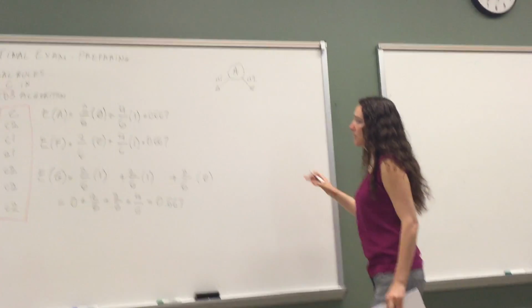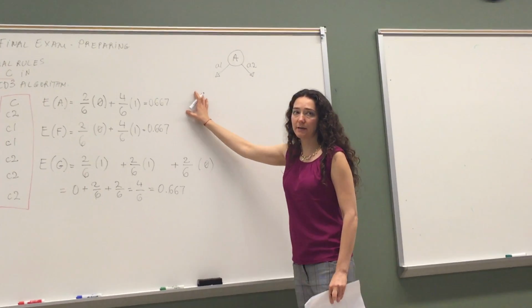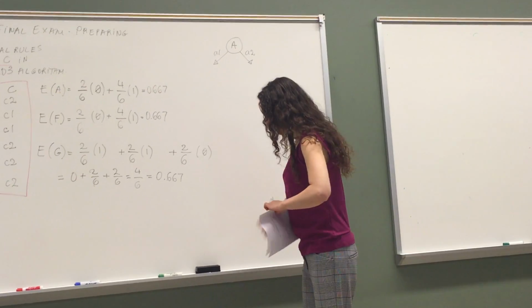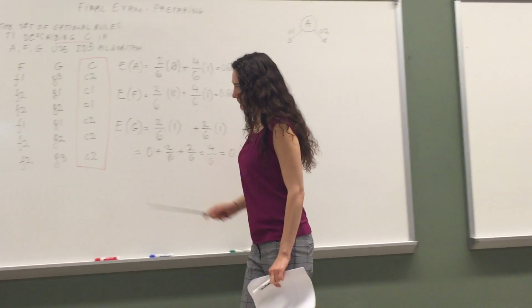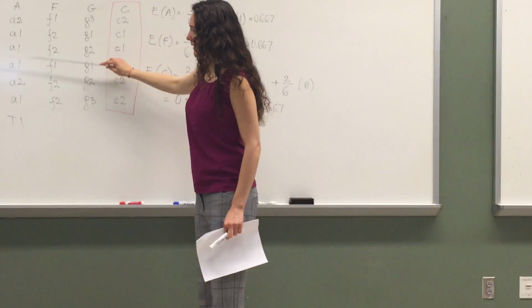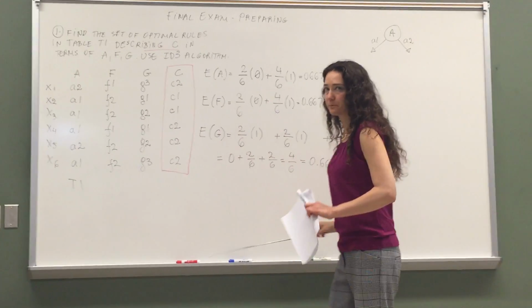The objects which have value A1 will go to the left side of the tree. These are X2, X3, X4, and X6.